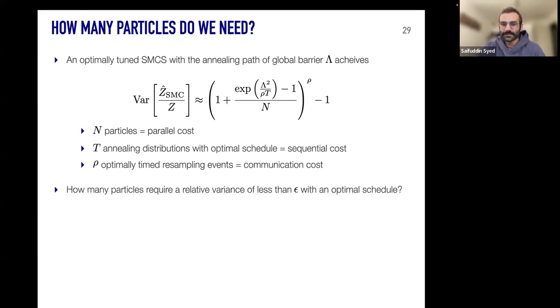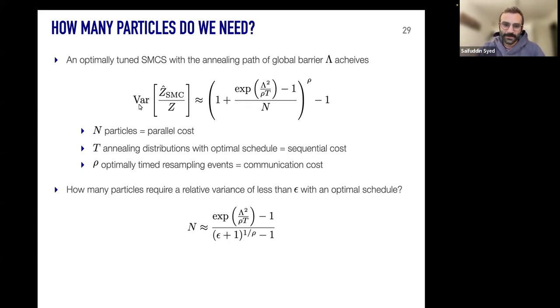So under these assumptions, we can ask, how many particles do I actually need to get a stable variance related to lambda? In particular, let's suppose epsilon is fixed, and I want to ask how many particles I need to get a variance within epsilon.